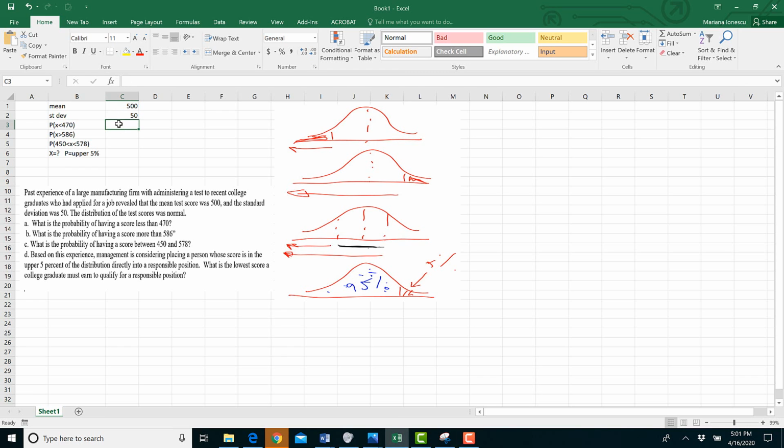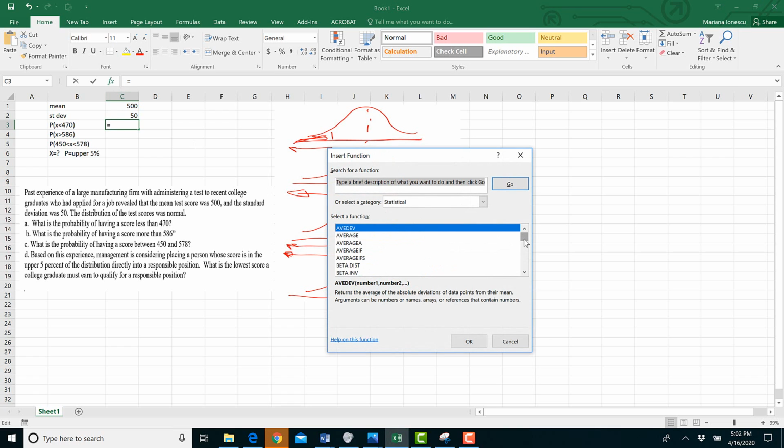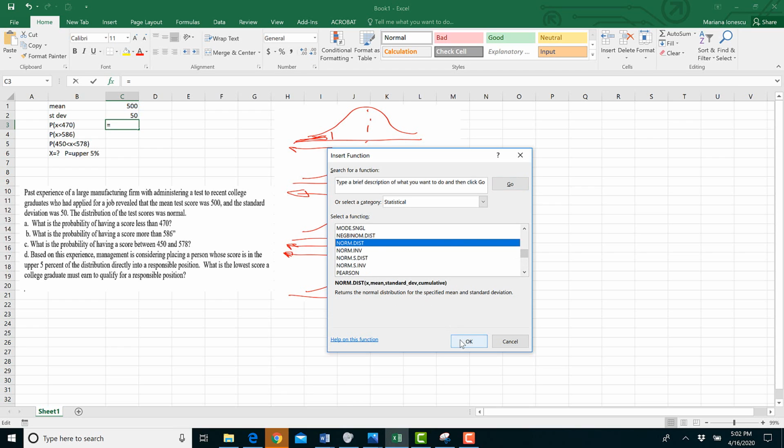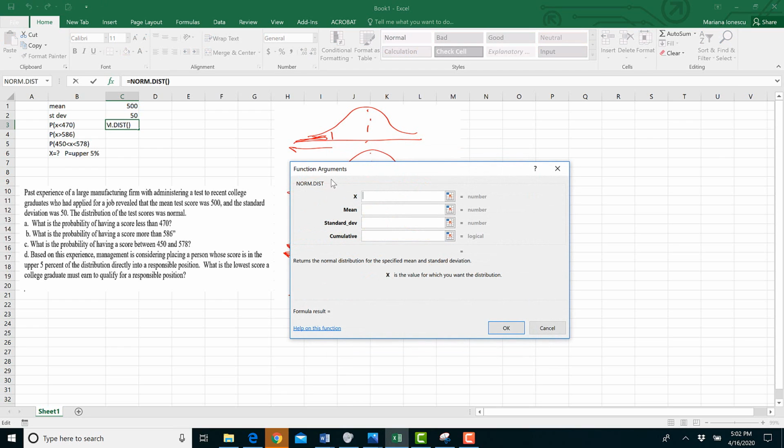I'd like to have my answer here, so I'll insert function. I'm looking for normal distribution. The value of our variable is 470. The mean is 500 with a standard deviation of 50.